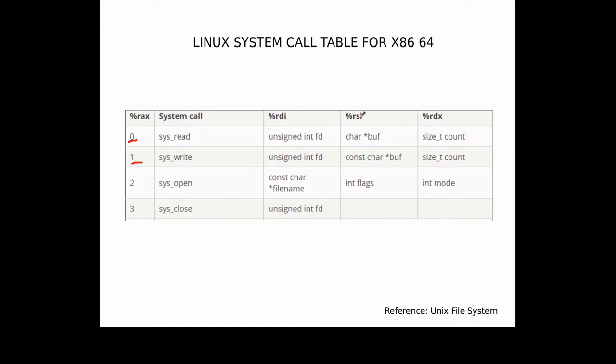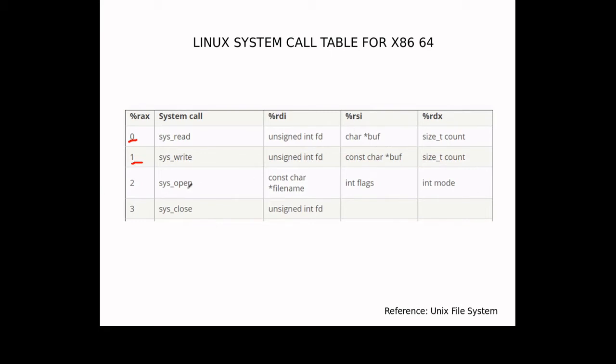In RSI we are using the source buffer where we have to read the content, and in write, the place from where we have to write the content on the standard output device. And RDX is the count: in reading, how many bytes we are taking, and in the write system call, how many bytes we are writing on the output device.